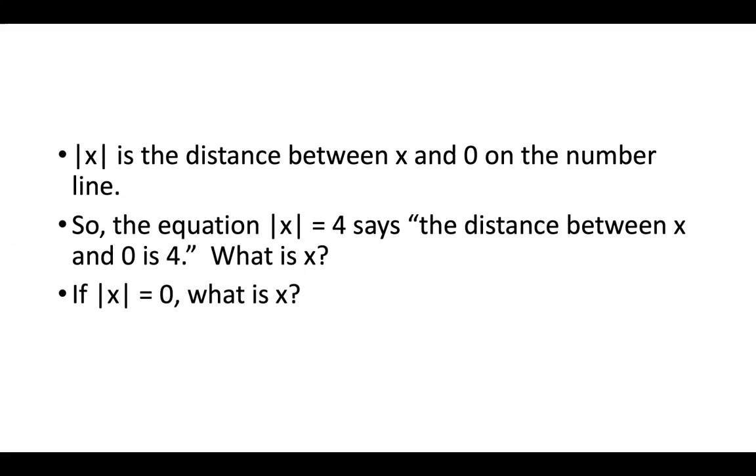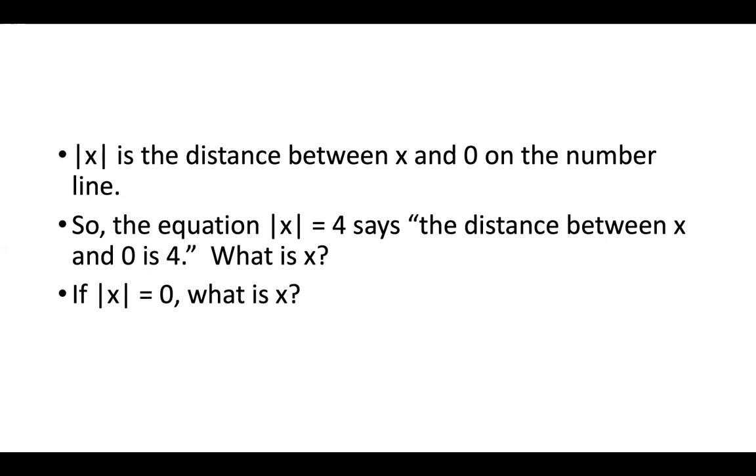It's saying the distance between a mystery number and 0 is 0. So in the previous question, we went 4 units from 0 on either side. Well, if you try to go 0 units from 0, you're really not going to get anywhere. So in this case, this equation has only one solution, and that solution would be 0.